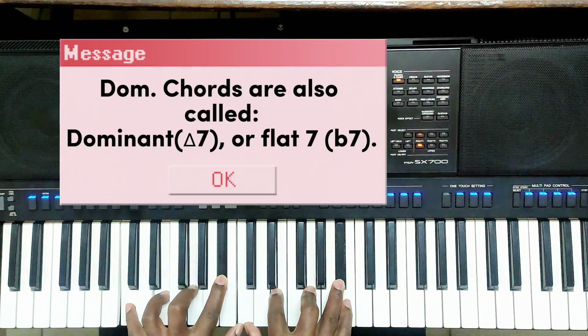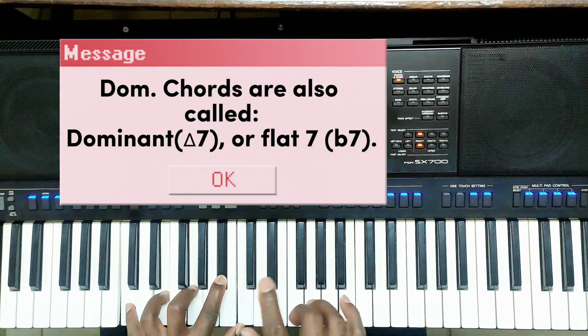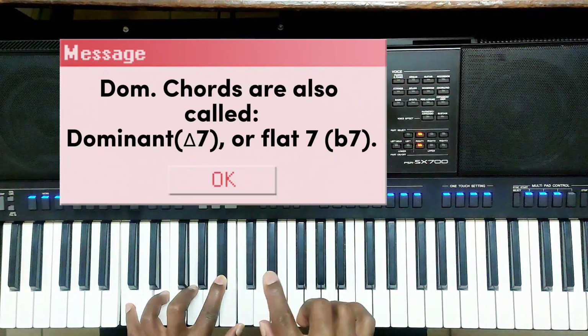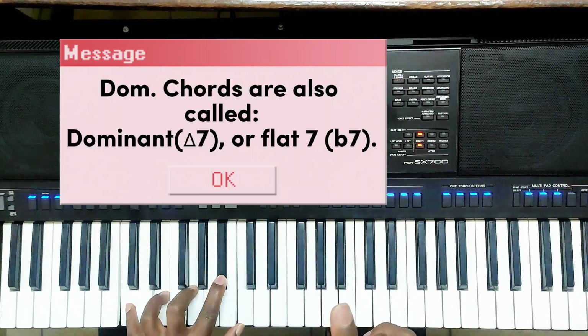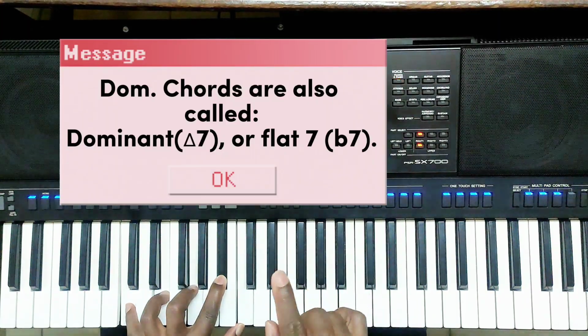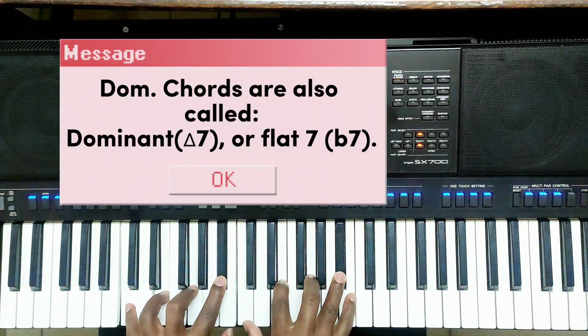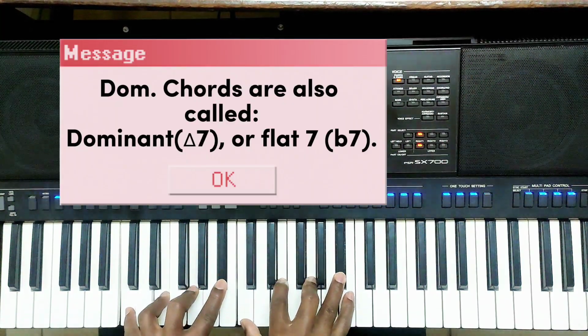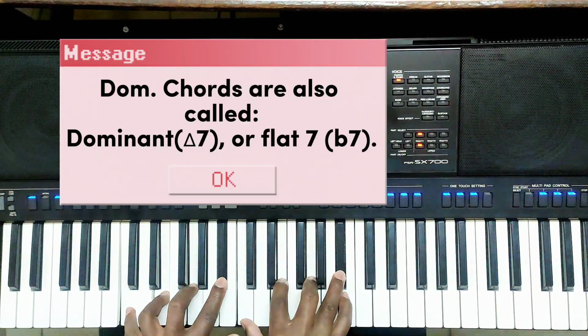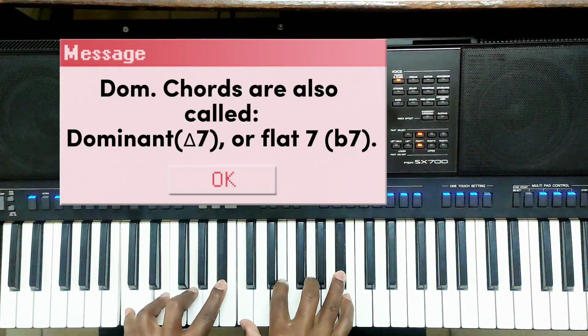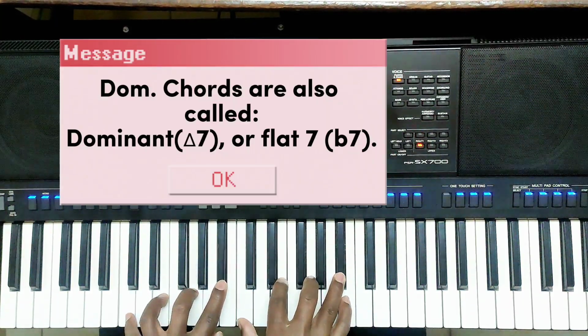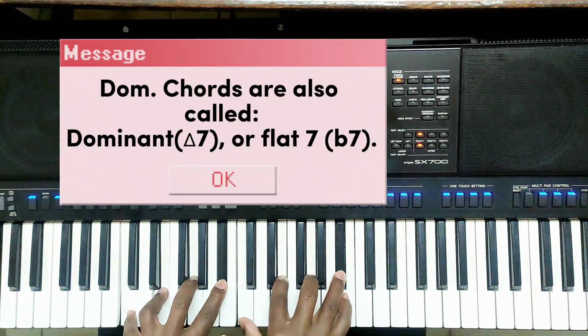Sometimes in writing, you will find it written like the name of that chord, then they add something that looks like letter A or a little triangle on it. That is a sign of a dominant chord. Or they also call it the 7th chord, or sometimes they call it flat 7 chord, or even they call it dominant 7. That is the implication.